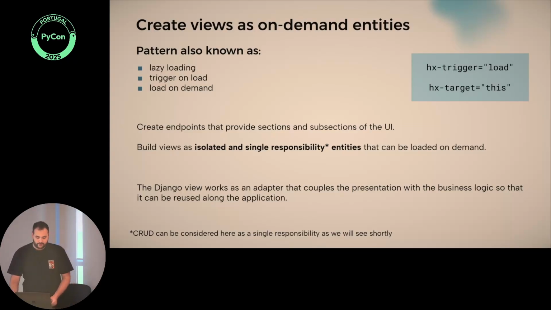You build views as single-responsibility entities that load parts of the UI. And your view will work as an adapter that couples the presentation and the business logic. So even if you replicate that section along your app, you'll always ensure that the internal behavior works in every place of your app.